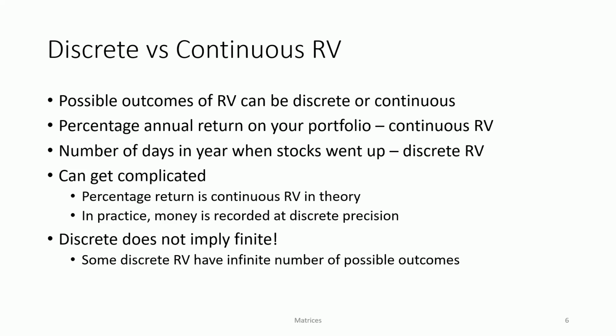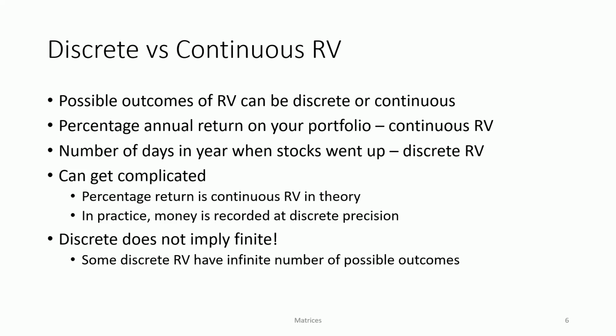Now, one important distinction here is that discrete does not imply finite, right? Oftentimes when examples of discrete variables are shown, the examples are of finite sets. For instance, maybe my variable is a day of the week. It's finite, right? It can only be 1 through 7, Monday through Sunday.